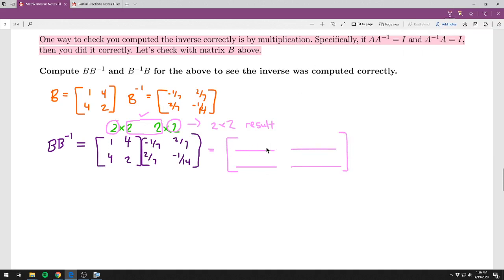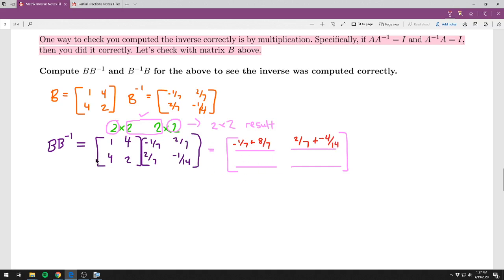All right, so first row, first column entry, we get 1 times negative 1/7 is negative 1/7 plus 4 times 2/7 would be 8/7. Entry over here, 1 times 2/7 is 2/7 plus 4 times -1/14 is -4/14.